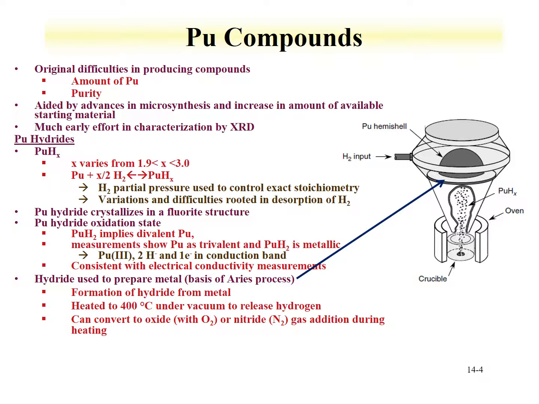The plutonium hydride in this crucible is heated to 400 degrees under vacuum. The hydrogen is released, and the metal is reformed. So this is a way of taking a shape that may have classification issues and converting it into a metal with a shape that is not classified, and can also have criticality, safety controls associated with it.